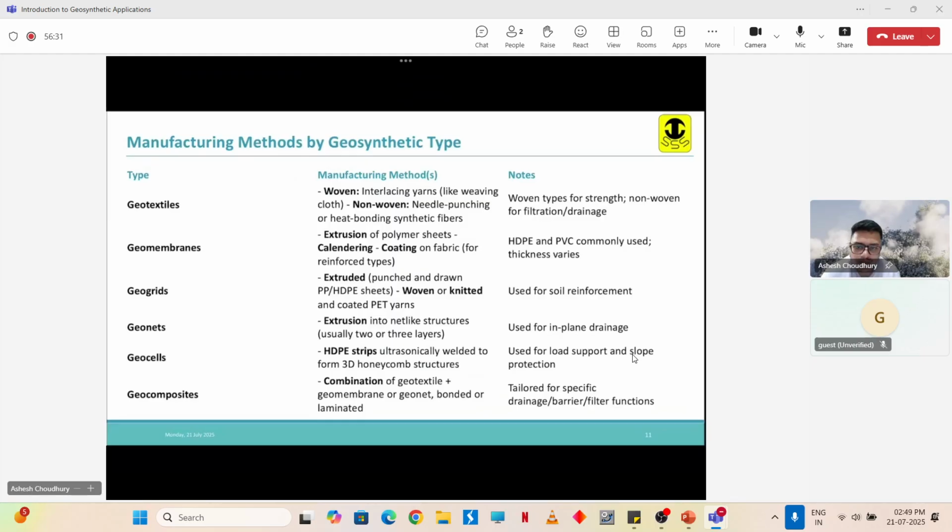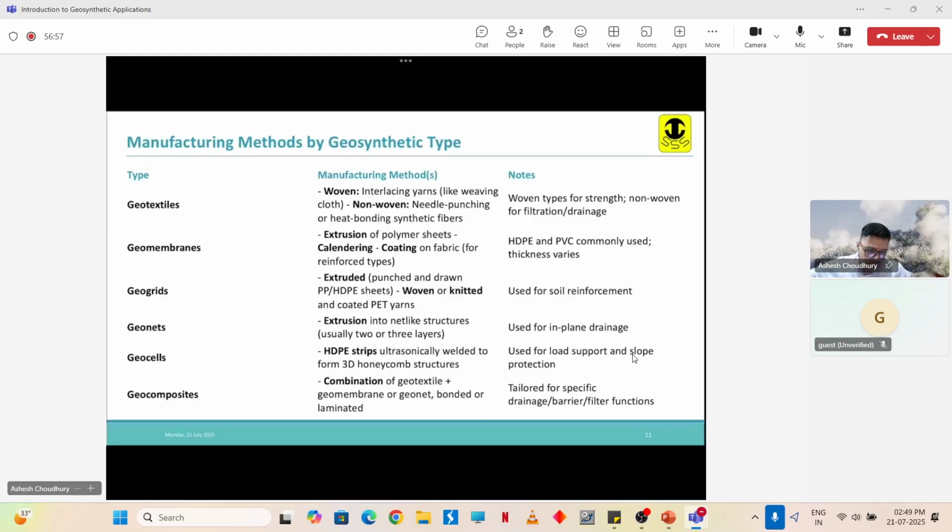Then you have geogrids. Geogrids are also of two types: extruded, and woven or knitted. Woven or knitted you can already understand, similar to geotextiles. These grids are woven. One more type is the extruded. Extruded means you have a plastic sheet, then you punch it and stretch it, and you get this grid-like structure.